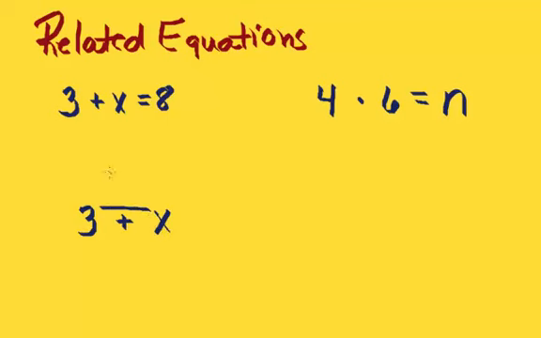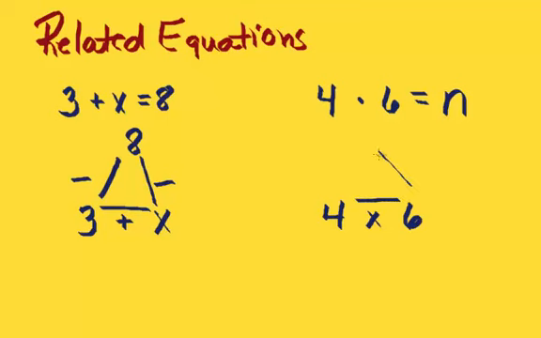So addition goes at the bottom, and then subtraction goes along the sides. So 3 plus x gives us 8. And then for our other one here, we have 4 times 6. So multiplication goes at the bottom, and then we have our division along the sides.